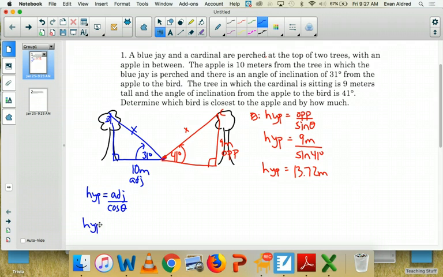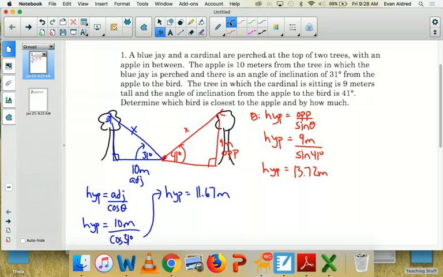So now we're going to fill in our values. The adjacent side is 10 meters. Theta is 31 degrees. So the hypotenuse, therefore, is going to be equal to 10 divided by cosine of 31, which gives us 11.67 meters. And there, we've answered part one of what the question is asking.